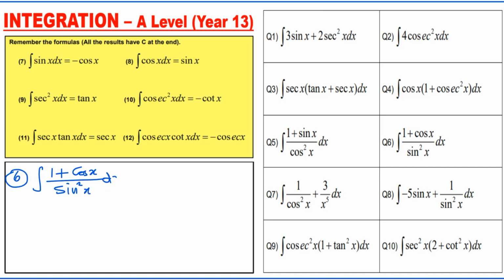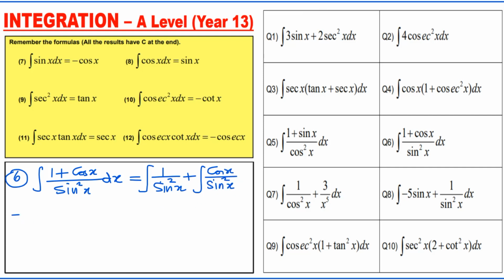Right? When you see this question, you need to immediately think, separate the fraction into two parts. 1 over sine squared x plus integration of cos x over sine squared x.